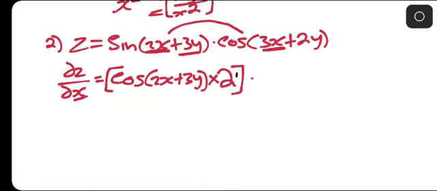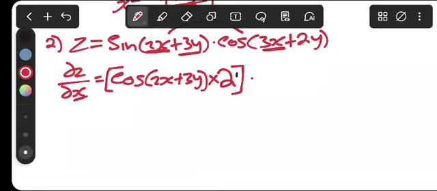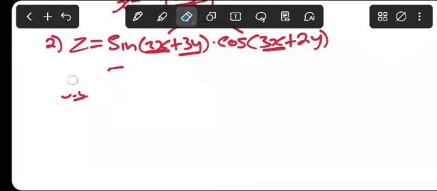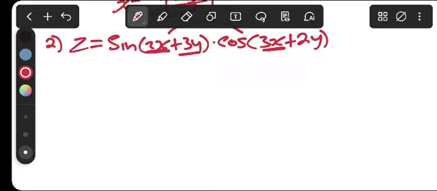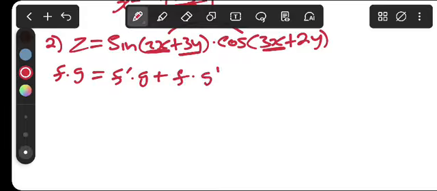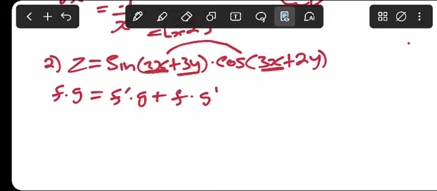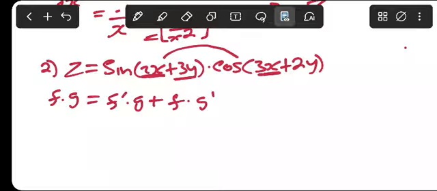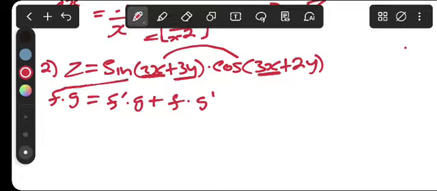For a recap of the product rule: the derivative equals f prime of x multiplied by g, plus f multiplied by g prime. So I can make this one f, and this one g.